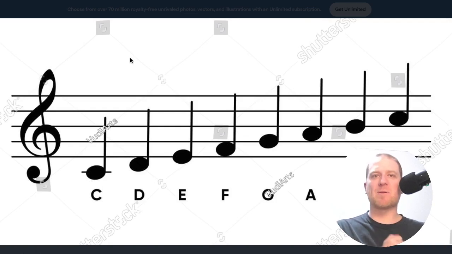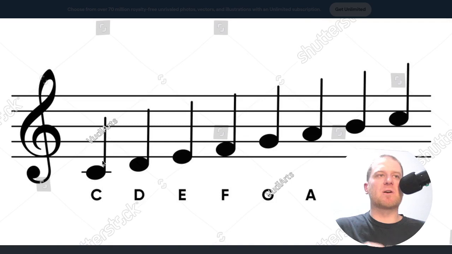Just like we have a heartbeat, every piece of music has an underlying beat. If you want me to do a video going into more detail with that, please let me know. Every piece of music has a heartbeat, like we as humans do, or any living creature does. When I say beats, we hold notes for a certain amount of time. How many beats do we hold a note for? 1, 2, half, quarter, that kind of thing.